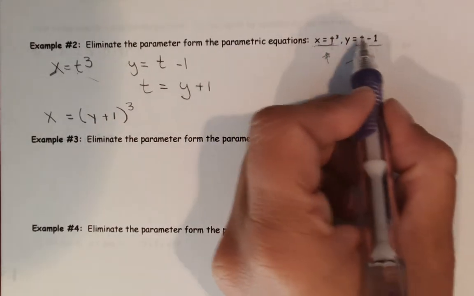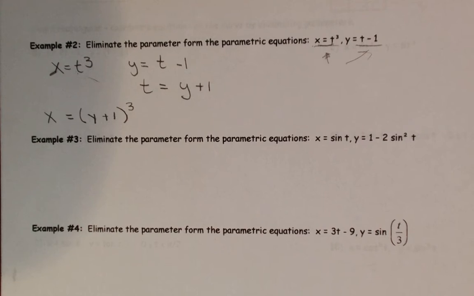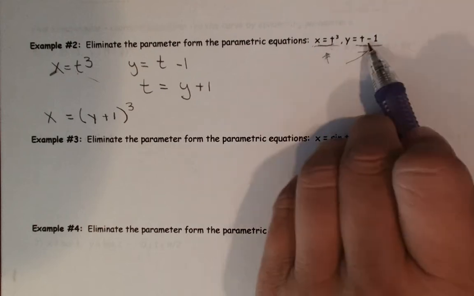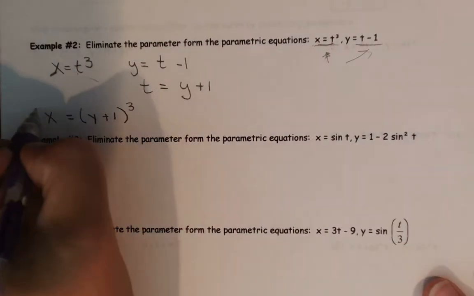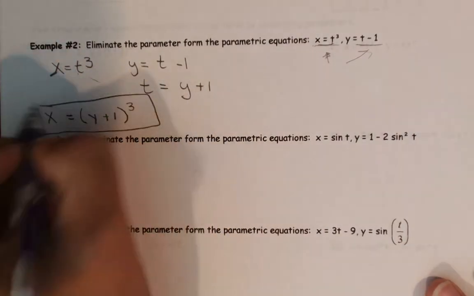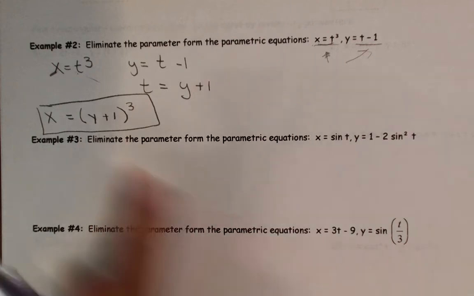And the same here, I could put in anything for t, and I'm going to get positive and negative outputs for y. So there's no domain restrictions there. I don't need to put any restrictions on that. So there we go, there's that example.